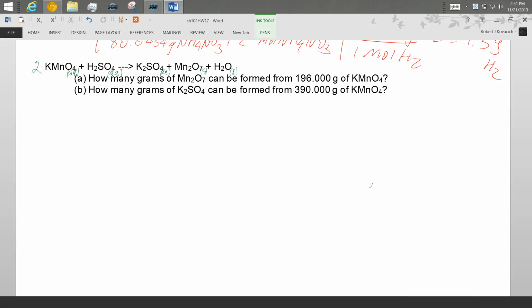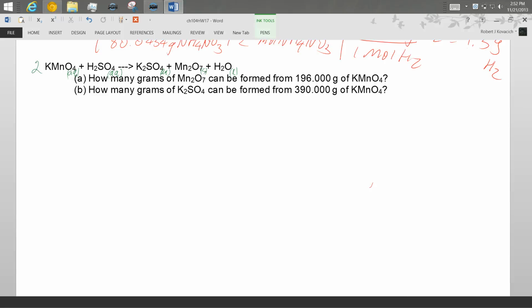All right, so how many grams of this manganese 7 oxide can be formed? We've got 196 grams of the potassium permanganate. Okay, so this is asking a specific question, and in this question you have to assume what? That you have as much of the other stuff as you need.